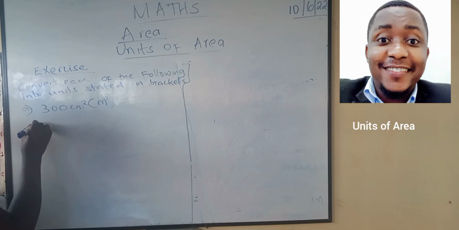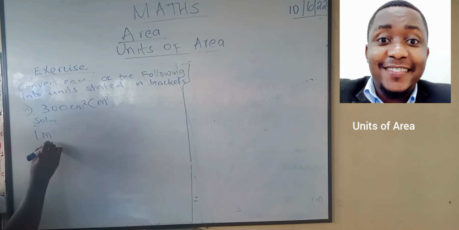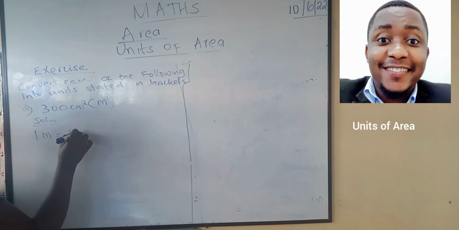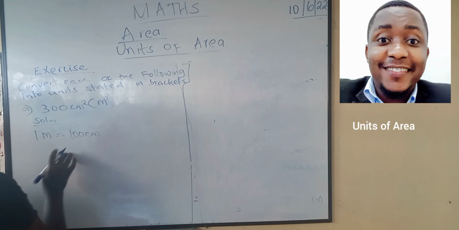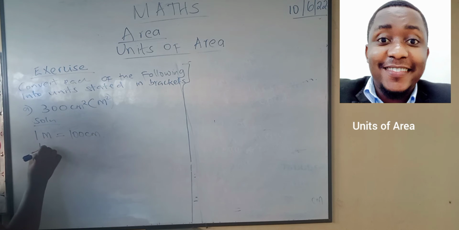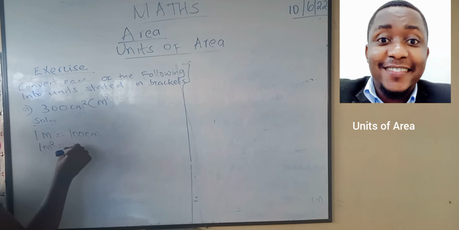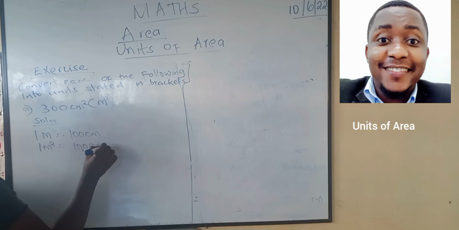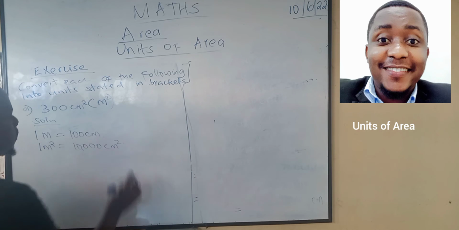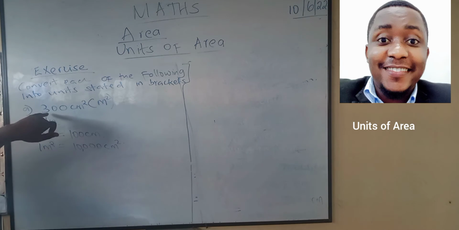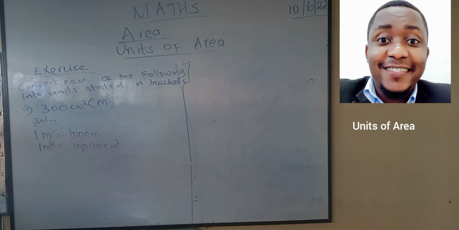Now you all know that 1 meter is equal to 100 centimeters, and 1 meter squared is equal to 10,000 centimeters squared. Now we are required to convert this into meters squared.